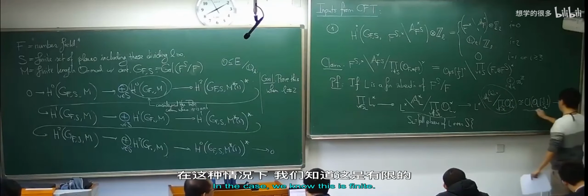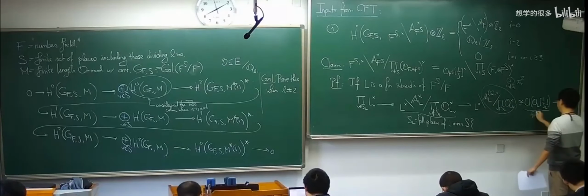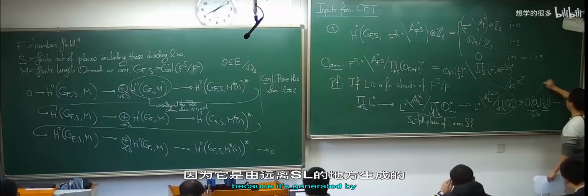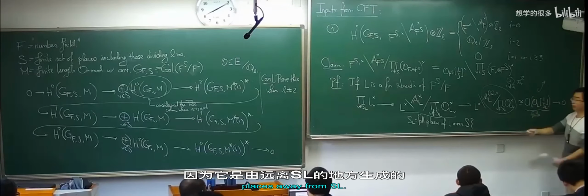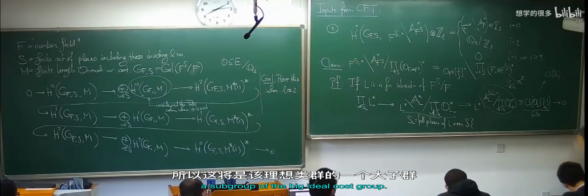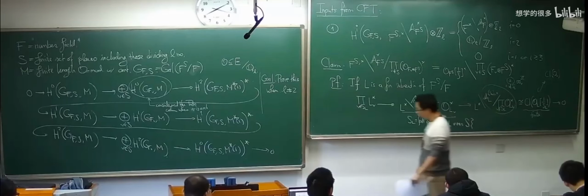In that case, we know this is finite. And it feels like this is going to be a subgroup of the ideal class group because it's generated by places away from SL. So this will be a subgroup of the big ideal class group. Okay.